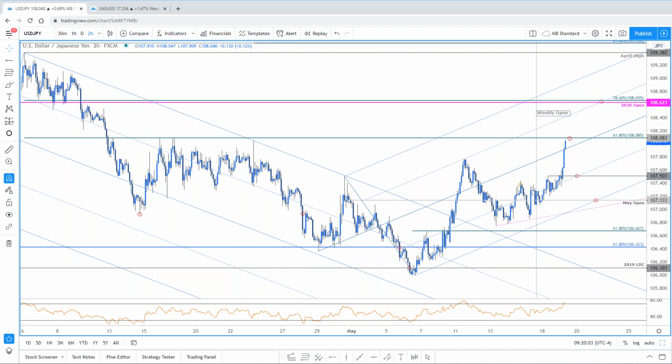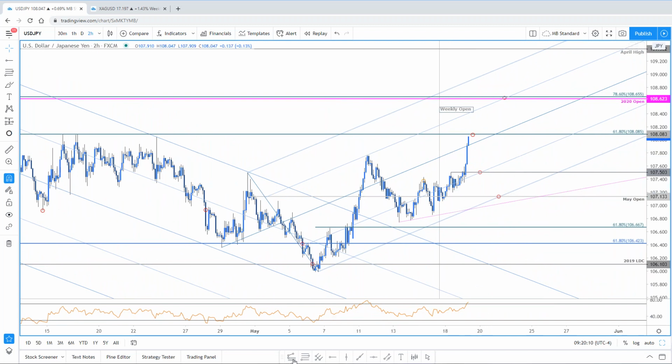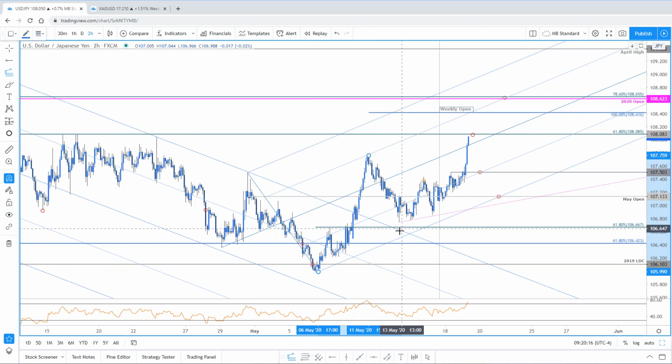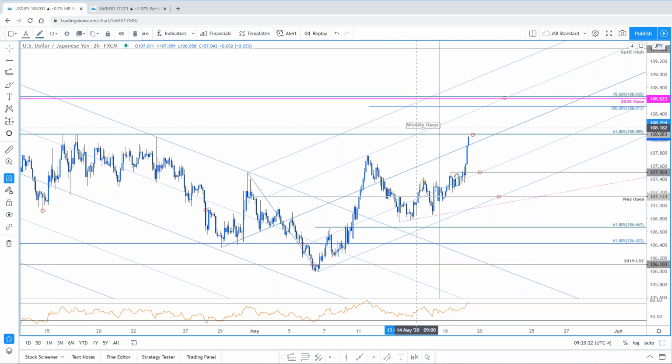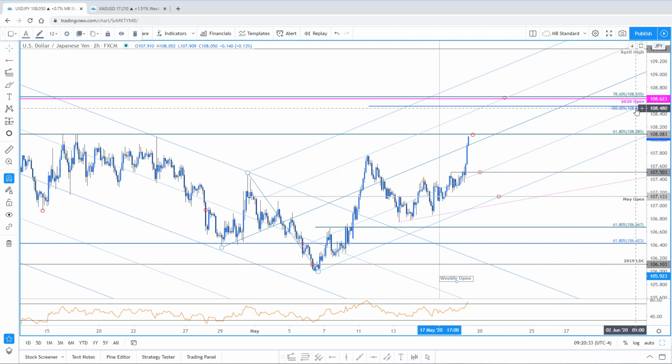Questions on the dollar yen? $100 off the low, just for argument's sake, comes in at 108.51.